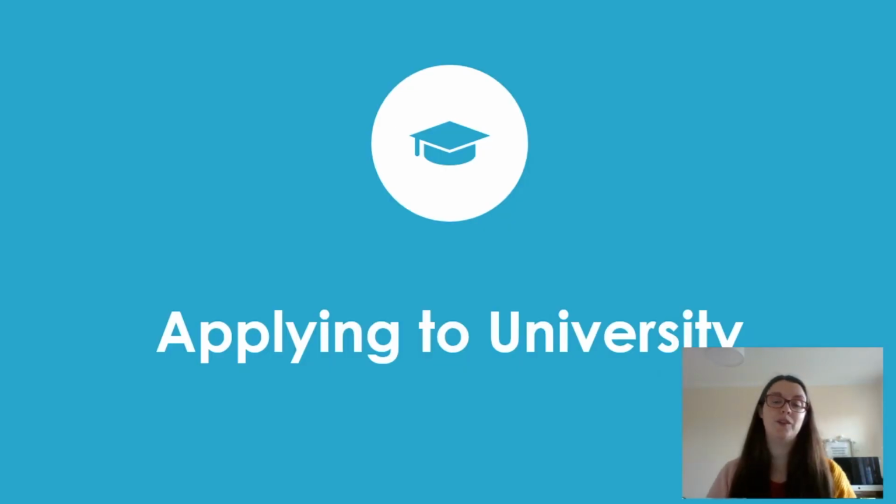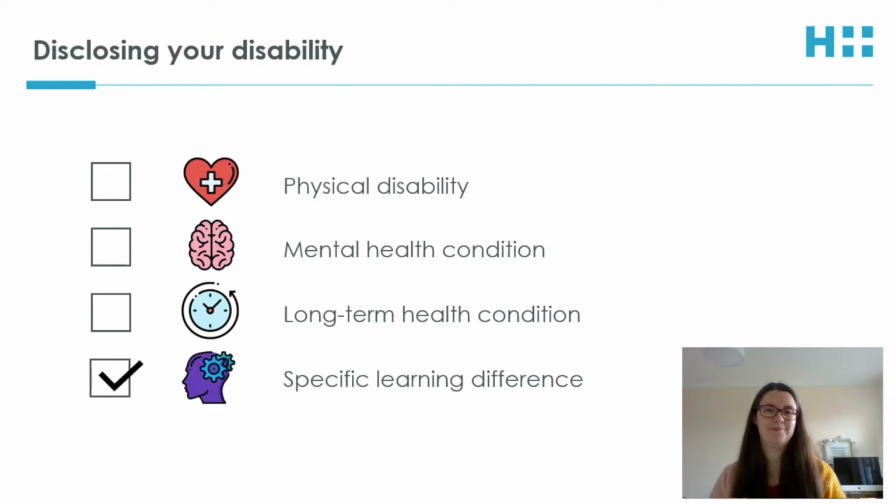So when you apply to university, there are three main applications that you might want to do. The first one is applying to university to the course itself. The second one is applying for student finance. And the third one is applying for accommodation. On your application form, you can choose to disclose a disability.